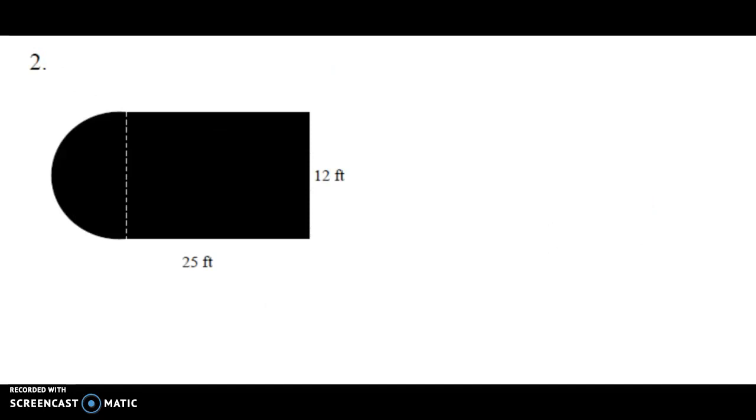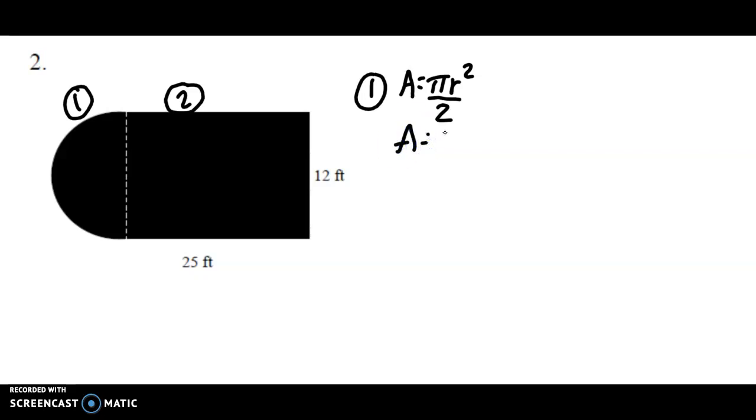All right, number 2. Again, looking for familiar shapes. First one I see is a semicircle. Second one I see is a rectangle. Now I'm going to find the area of those. The first one is a semicircle, and it's going to be A equals pi r squared, but it's a half circle, so I need to divide that by 2. 3.14.